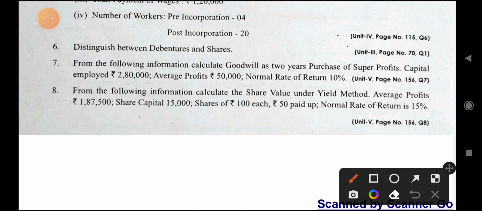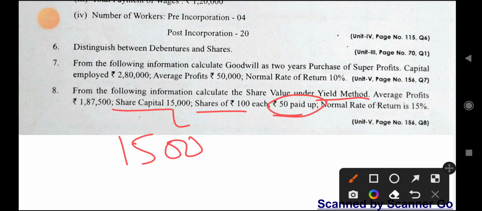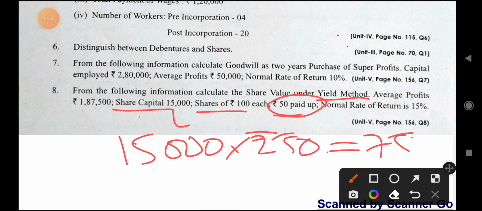Our step 1 for calculating yield method. Share capital, very interesting one. 15,000 shares of rupees 100 each, rupees 50 paid. So your total paid up share capital will be 15,000 into rupees 50 we need to take, it will be 7,50,000.